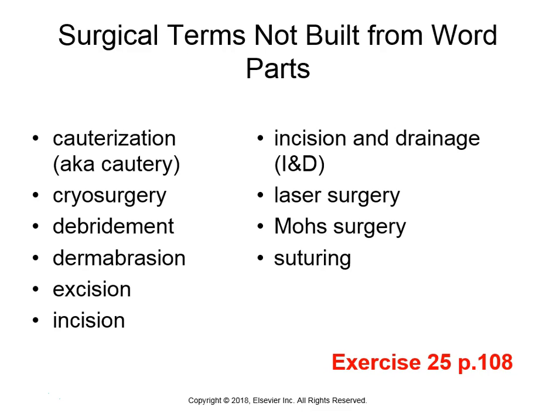The next one is an eponym. It's named after a person from Wisconsin. He came up with his own type of surgery, so it's called Mohs surgery. And really, it's where you're trying to remove skin cancer. You take a very tiny outline and then see if you got it all. And if not, then you take another little tiny margin around and see if you got it all, and so on.